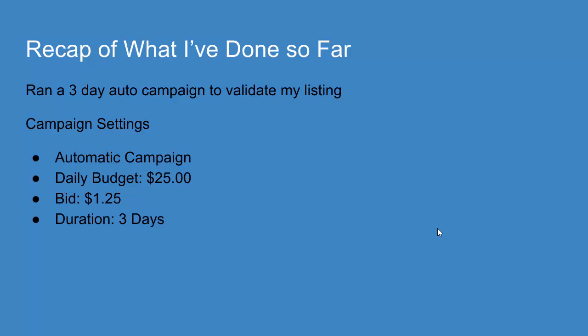The campaign settings for this 3-day auto campaign were: it was an automatic campaign, I had a daily budget of $25, a maximum bid of $1.25, and I ran it for 3 days. The automatic campaign and the 3 days were two things I knew for a fact. But the daily budget and the maximum bid I didn't guess on; I just used my best judgment to pick those amounts.